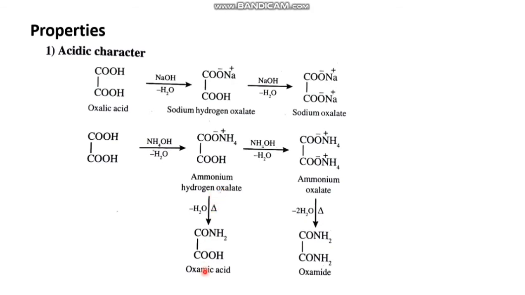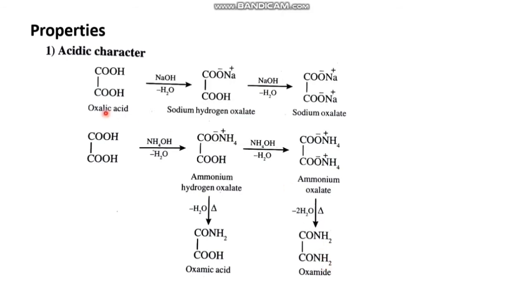When heated, this gives oxamic acid, CONH2COOH. When ammonium hydroxide is used in excess, we get ammonium oxalate. When ammonium oxalate is heated, we get oxamide, CONH2CONH2.